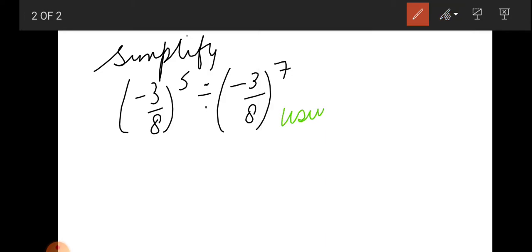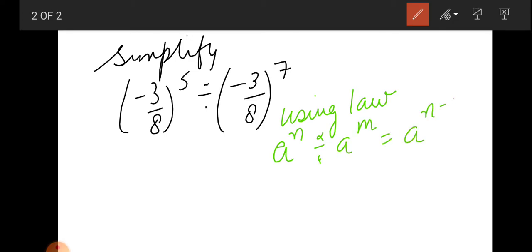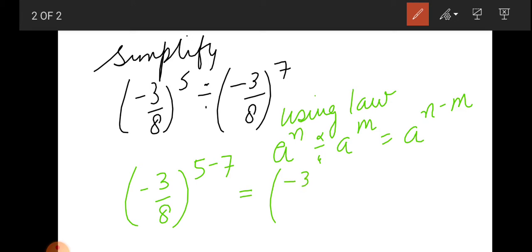Using the law a raised to the power n divided by a raised to the power m is equal to a raised to the power n minus m, minus 3 by 8 raised to the power 5 minus 7 is equal to minus 3 by 8 raised to the power minus 2.